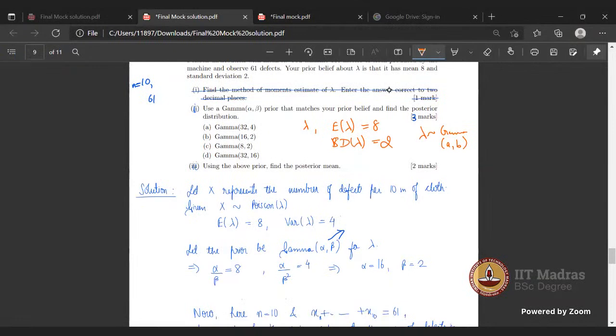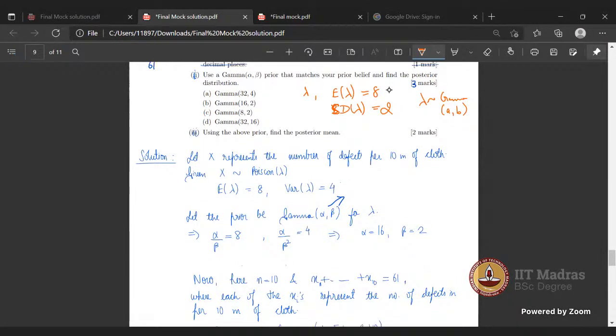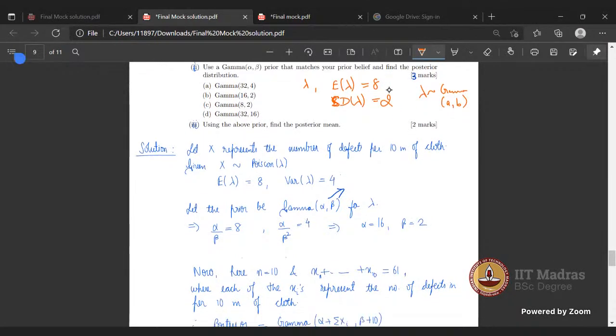So given the expectation of lambda, standard deviation of lambda and the distribution of lambda, you can find the values a and b. Is this part clear? For the gamma alpha beta distribution, the mean is given by alpha upon beta and variance is given by alpha upon beta square. So once you solve these two equations, you can get your value of alpha and beta and you will get your prior. After solving this, I got my prior to be the gamma distribution with the parameter 16, 2. Now this is our prior distribution, right?